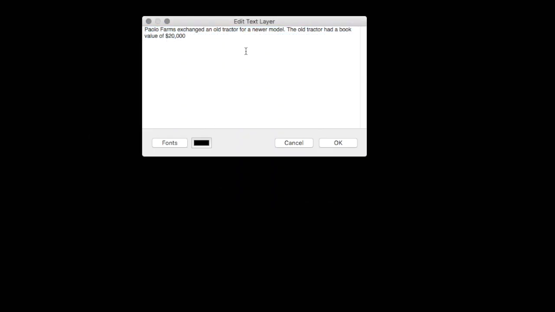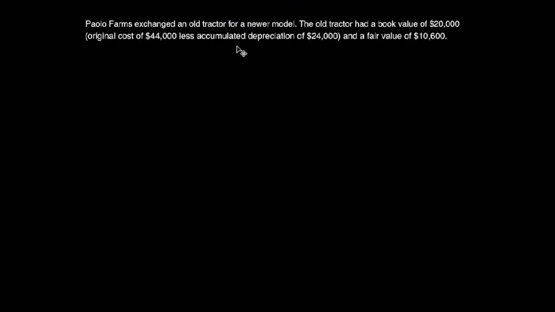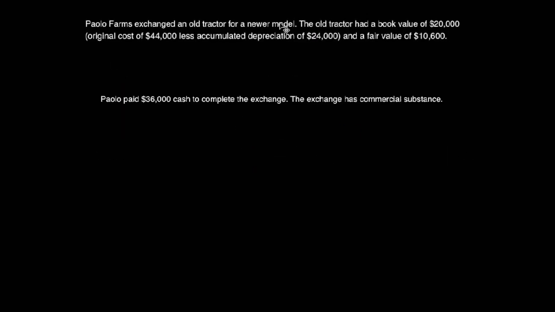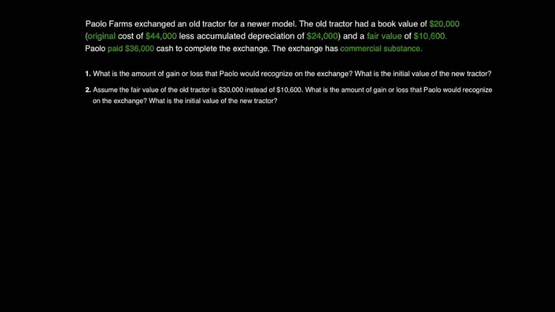Okay, so before we jump into this example, I'm going to explain a couple things to you all so we are totally up to speed whenever we get started. What we're trying to do in this example is determine the loss or gain on the exchange of the assets we're talking about. Then secondly, we're going to determine the initial value of the asset. The thing I highlighted was the book value of the asset, and then following that, it tells exactly where that came from.